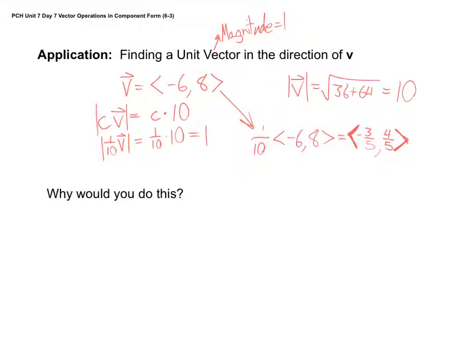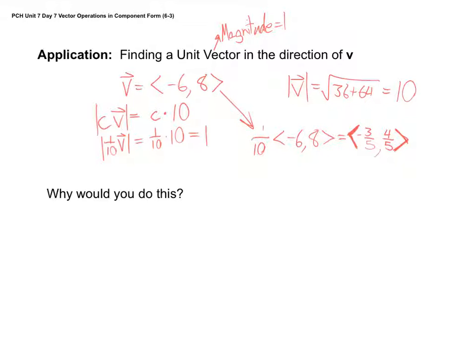Divide by 10. By dividing by 10, now the magnitude is 1, so how do I make the magnitude be 18? I just multiply it by 18. Okay? So by finding the unit vector in the direction of our given vector, then we can change that magnitude to be whatever we need it to be.